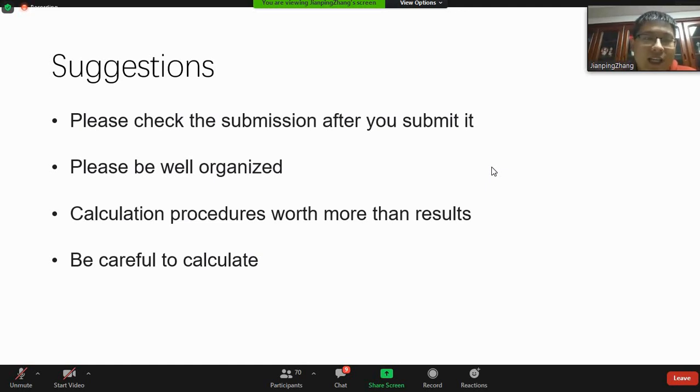And the final suggestion is to be careful when calculating. For homework 2, there is 1 question to calculate the determinant. About 30% of students had the wrong answers. When I checked the procedures, they may be correct, but I don't know why they made some mistakes in the calculations and their results were wrong.